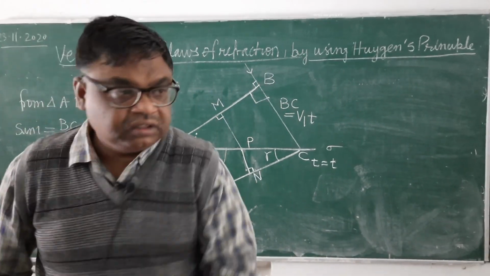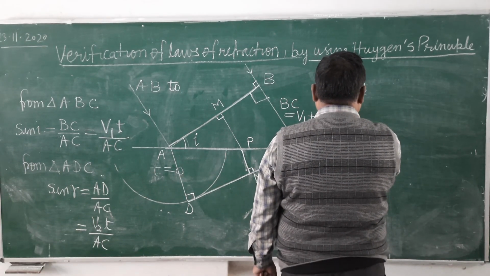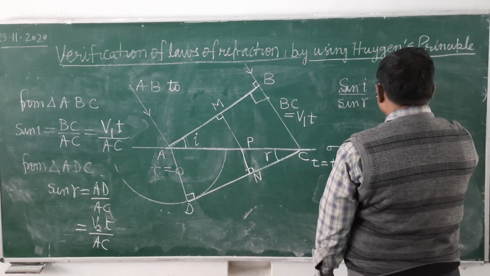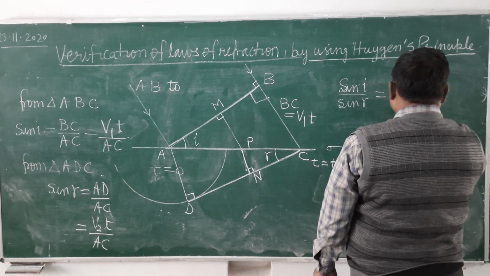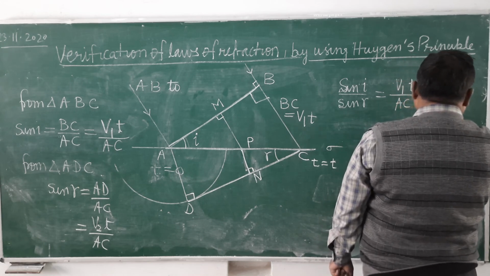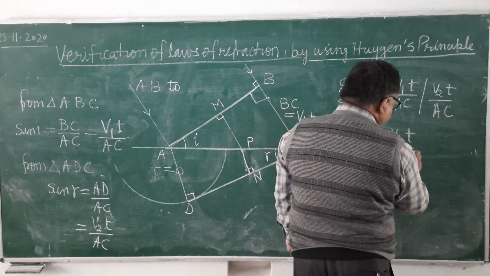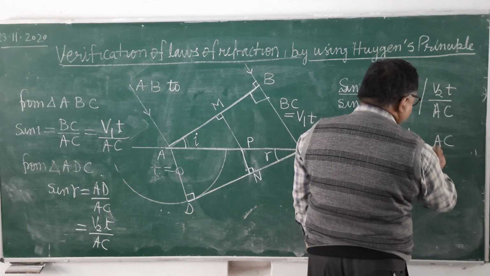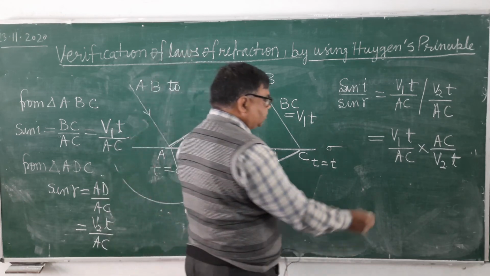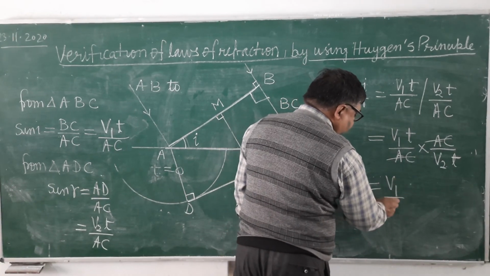So now you find out sin I upon sin R. This equals V1T upon AC divided by V2T upon AC. When you simplify, it is V1T upon AC into AC upon V2T. AC and AC cancel, T and T cancel, that is V1 upon V2.